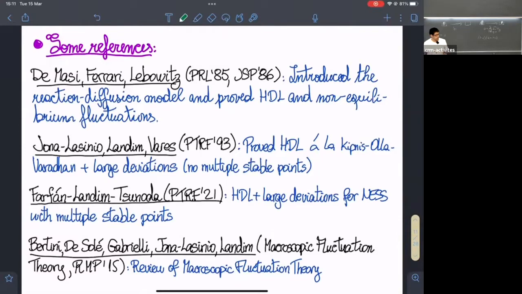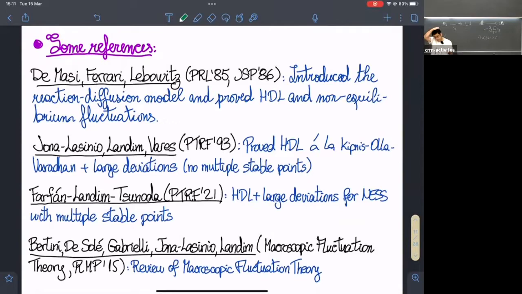It's a more robust technology that really allows you to treat your favorite system up to some level at least, and they also proved the large deviations principle.